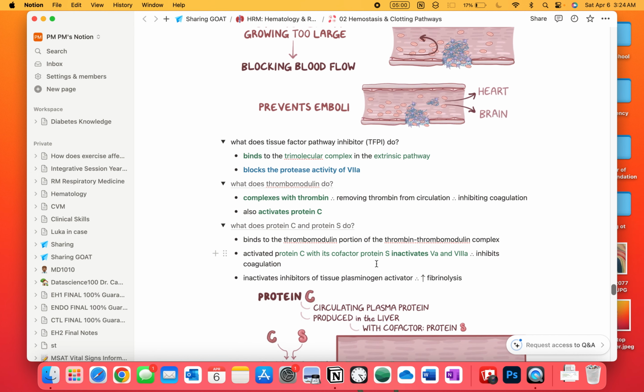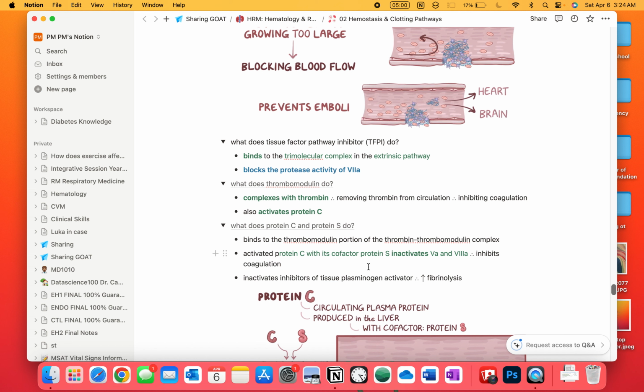What about protein C and protein S? They bind to thrombomodulin in its little complex, and basically just inactivate factor 5 and factor 8. Again, factor 8 is going to be your intrinsic pathway, and that just inhibits coagulation.